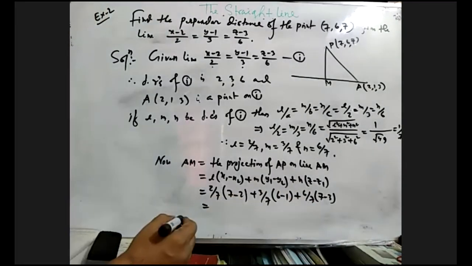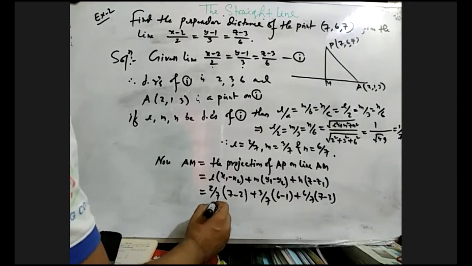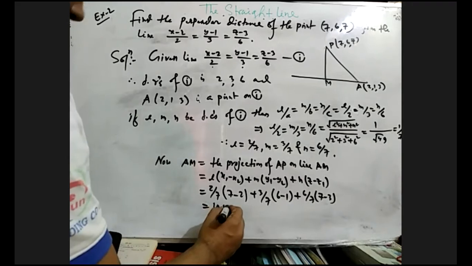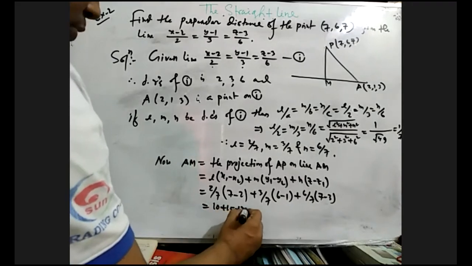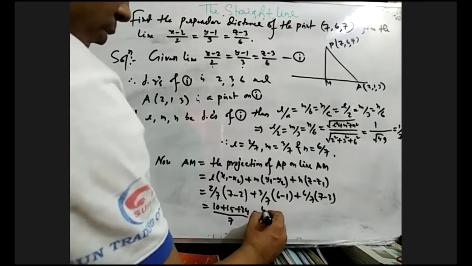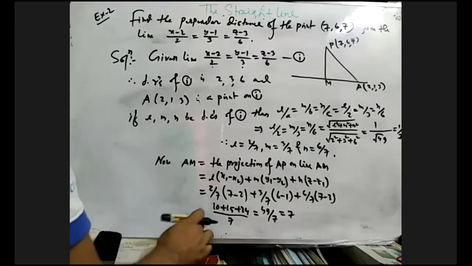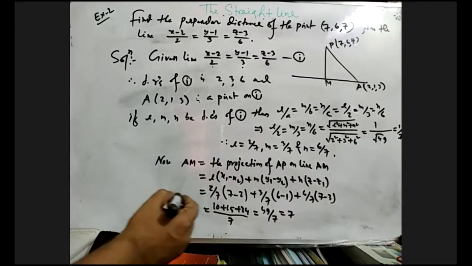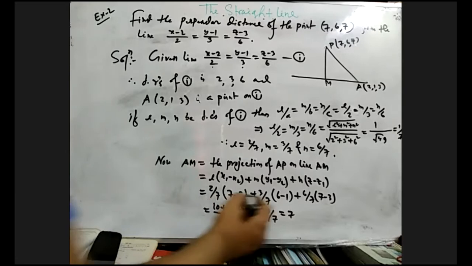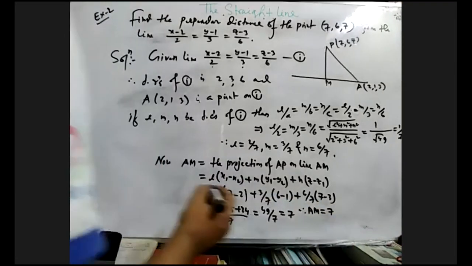So we get 10 by 7, plus 15 by 7, plus 24 by 7, that means 49 by 7, which equals 7. Therefore AM equals 7.